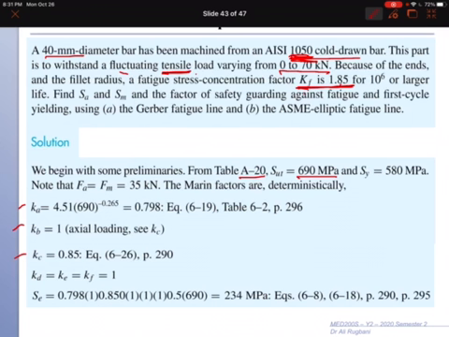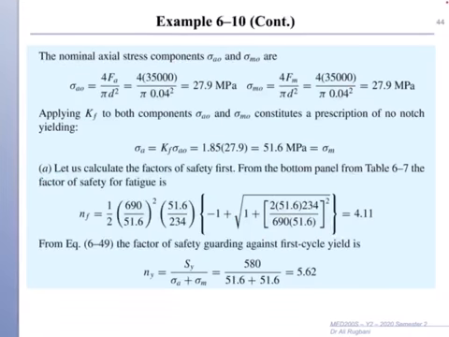Tensile load means our load is axial. This is not bending, this is not shear. So Ka is a surface factor for cast iron material, and Kb for axial loading is 1, Kc for axial loading is 0.85, and then there's no mention for temperature and reliability. You can calculate your endurance limit.